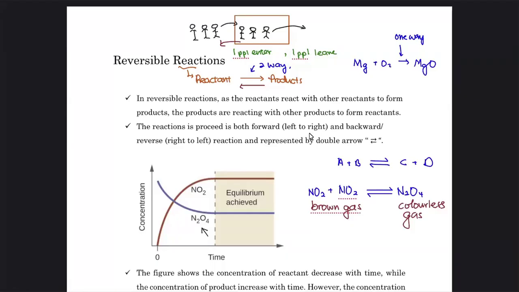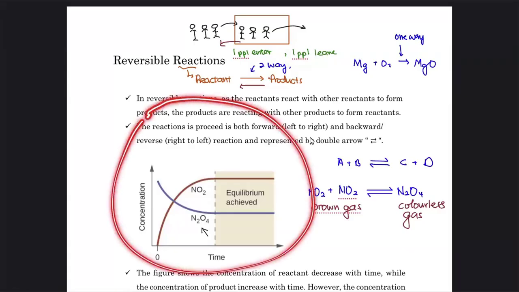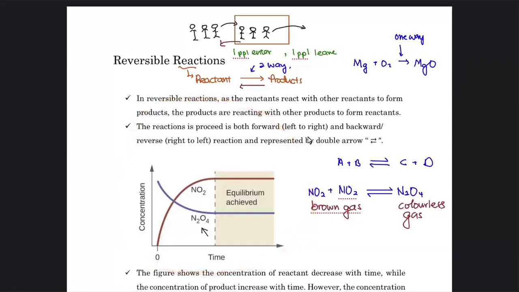So at the beginning of the graph that you can see over here, this is a dynamic equilibrium graph, right? But I need to explain a little bit what is meant by dynamic equilibrium. So just look at the beginning.